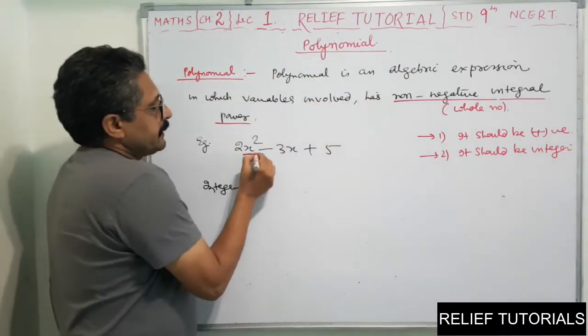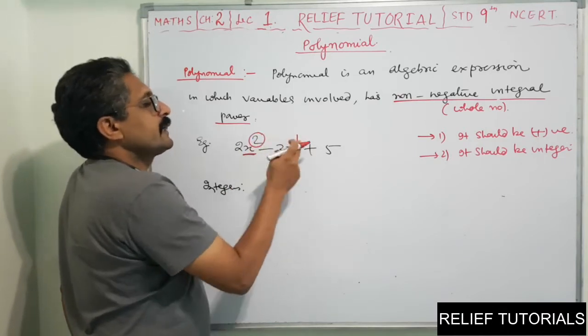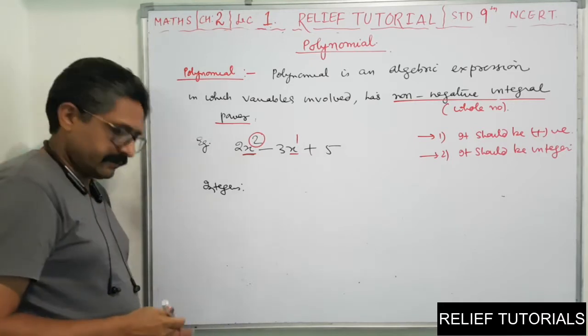Here you see the power of variable x is 2, and the power of variable x is 1, so they are non-negative and they are integers, so it is a polynomial.